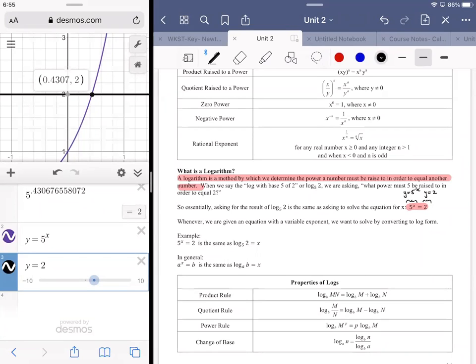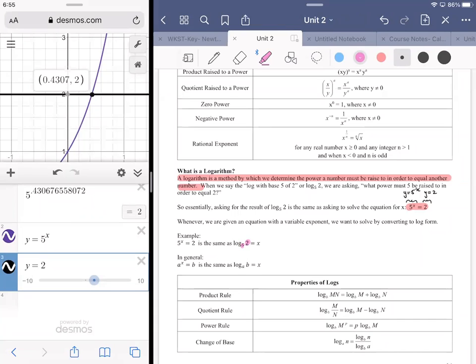Now, I can't emphasize enough just how stupid that sounds and how inconsistent with what we're actually looking for it sounds, because when I tell you the definition, I'm saying, okay, when I have log base 5 of 2, it means what does 5 have to be raised to as a power in order to equal a result of 2? There's really not much about this expression that makes you think that.